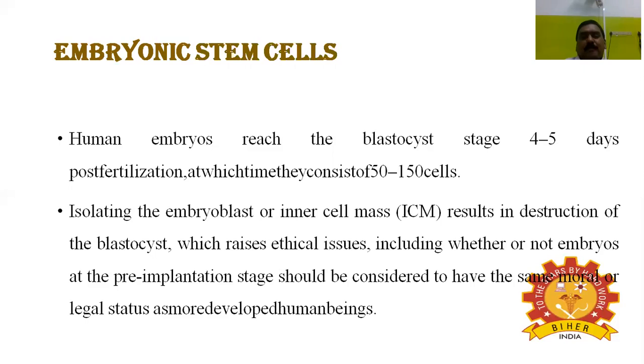Isolating the embryoblast, that is the inner cell mass, or ICM, results in the destruction of the blastocyst, which raises ethical issues, including whether or not embryos at the pre-implantation stage should be considered to have the legal status of more developed human beings. So in most countries, this kind of experiment is prohibited.